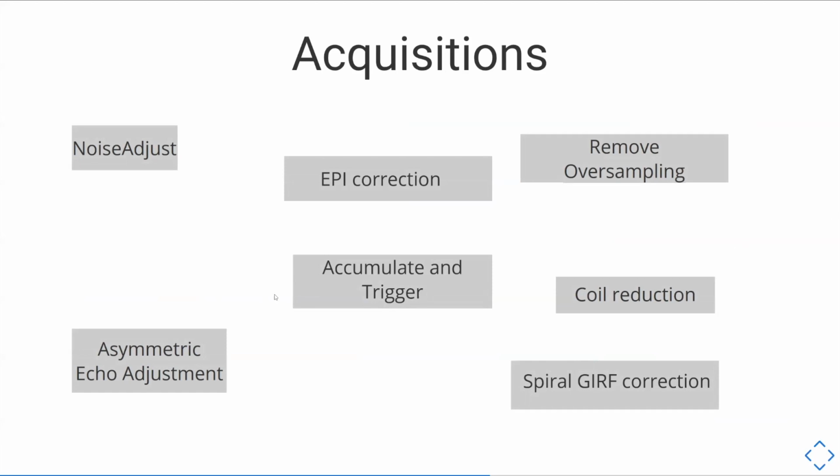And for acquisitions, we have things like the noise adjuster I already talked about, coil reduction, EPI correction, and this gadget here called accumulate and trigger. Essentially what it does is it takes acquisition lines and bundles them together in a K-space based on some triggering parameter that the user defines.